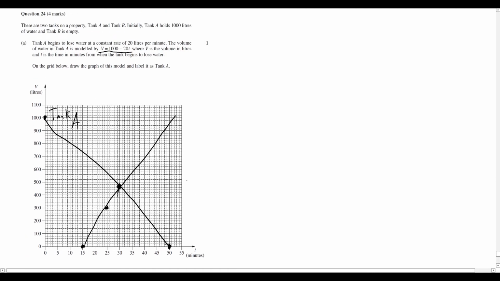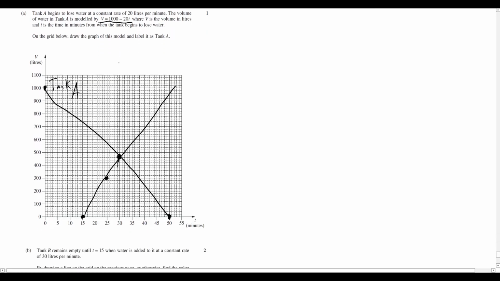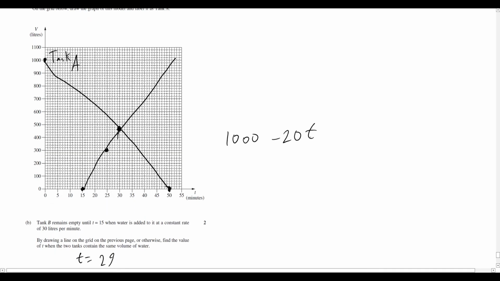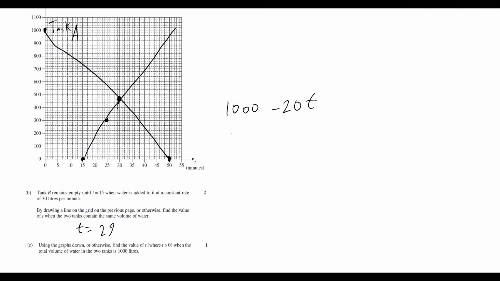So the two volumes, well, we'll have volume of tank A is given by 1000 minus 20t, and the volume of tank B was given by minus 450 plus 30t. So what we're saying now is that when we add those two together, it's going to be equal to 1000 liters.